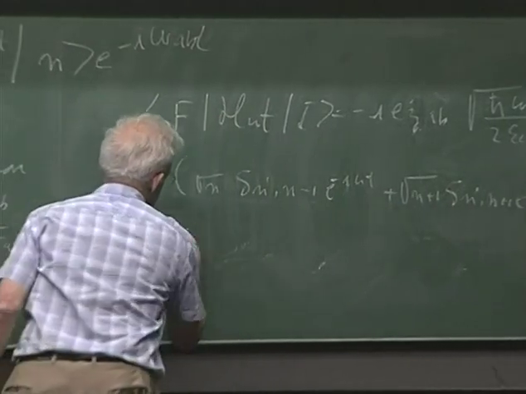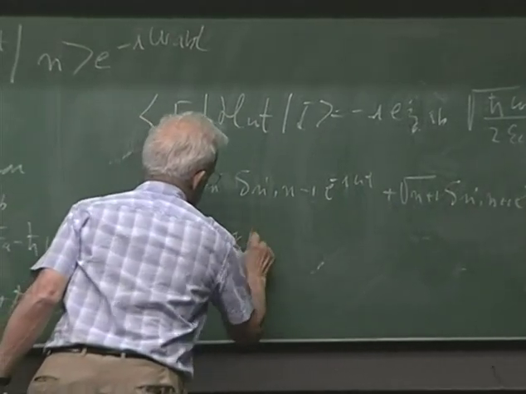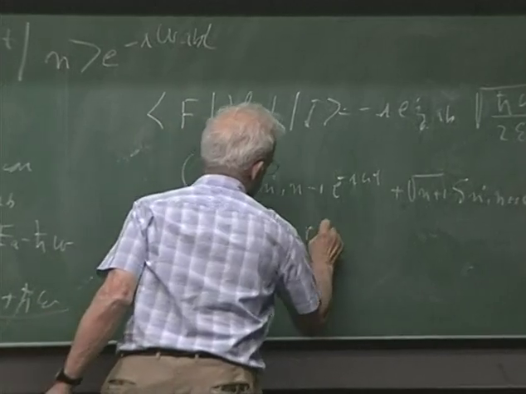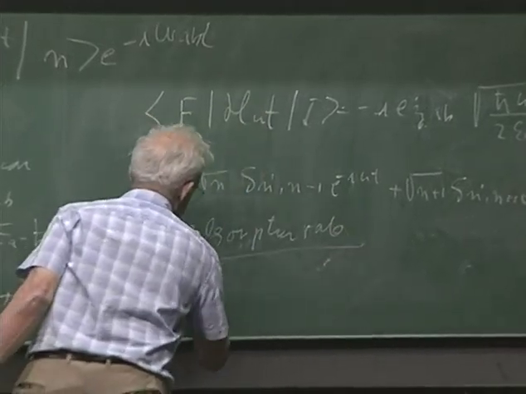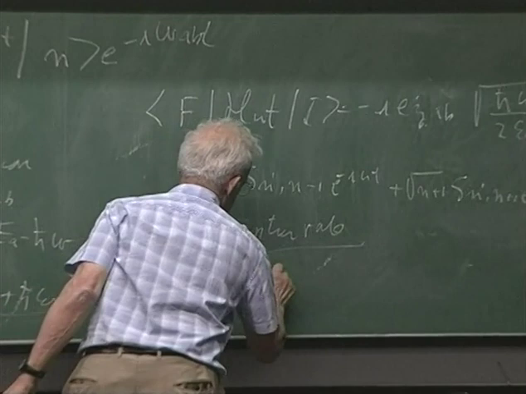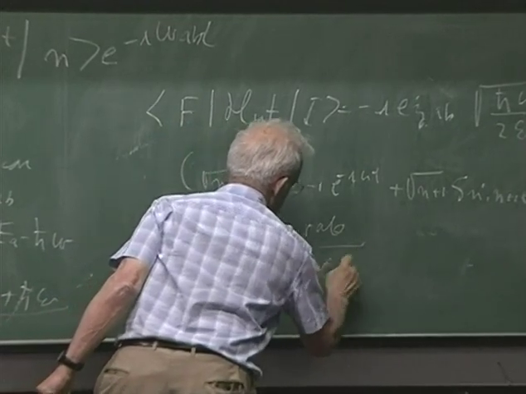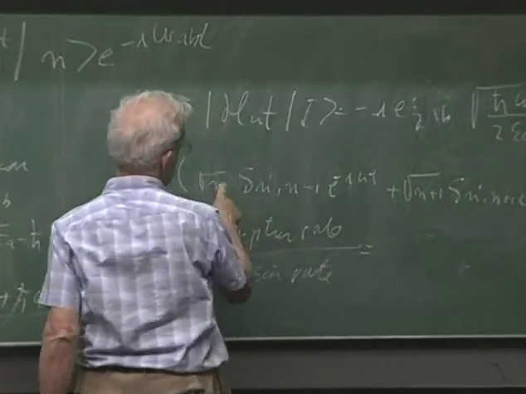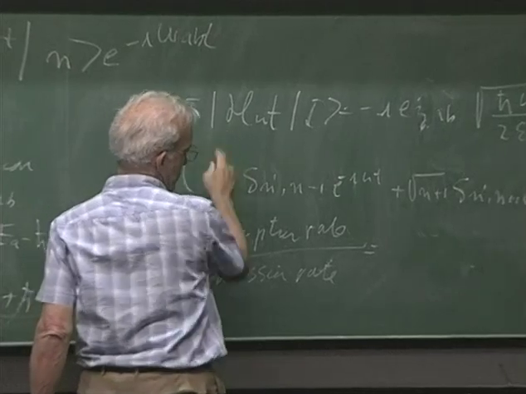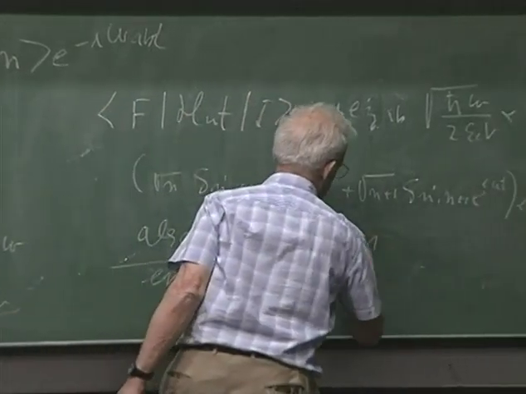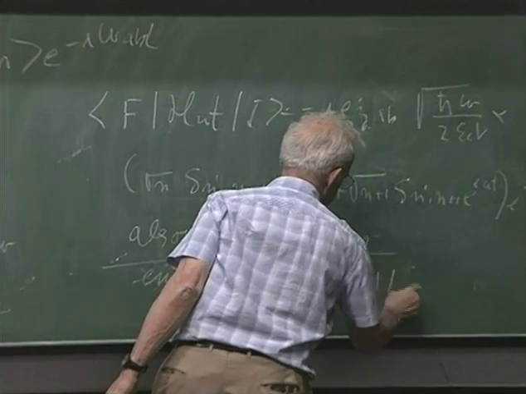And this says that the absorption rate over the emission rate goes as the square of these terms over here. So it's going to go as n over n plus 1.